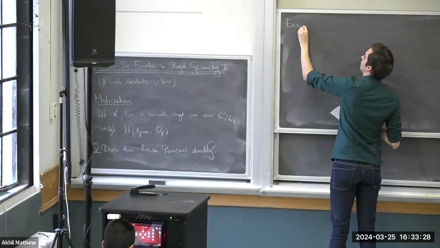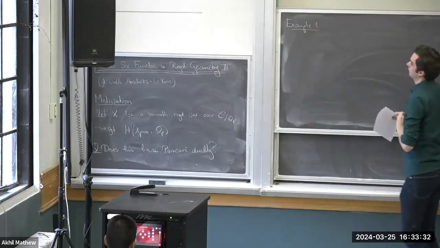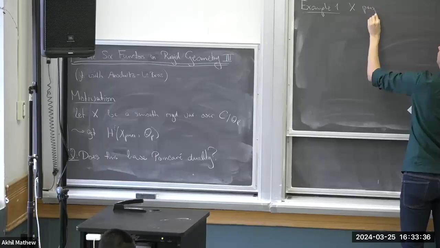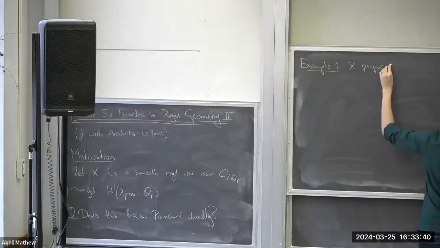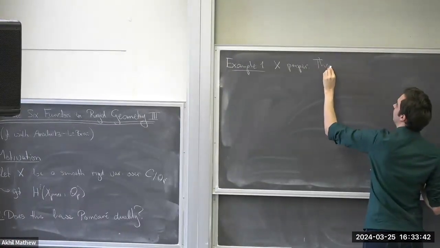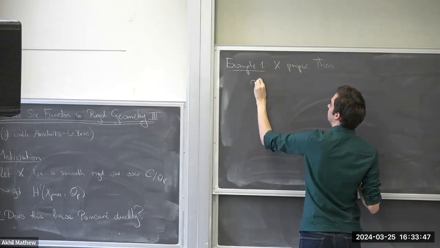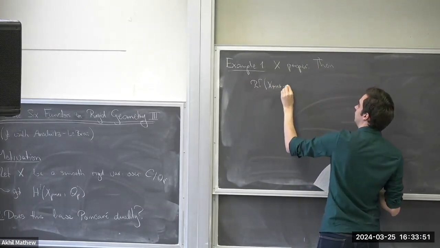It just says that in easy cases, things just merge. So suppose that X is proper. Then in fact, we have RΓ(X pro-étale, Q_p).